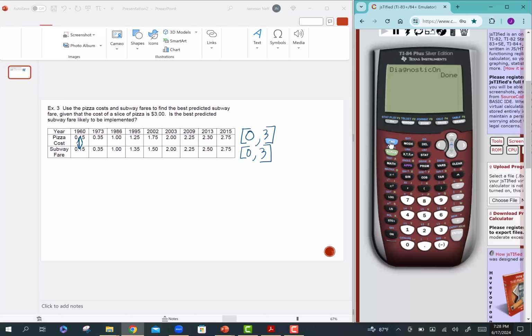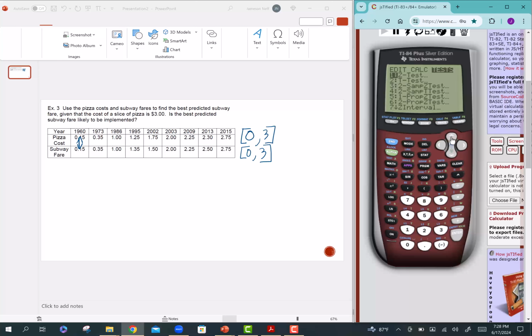So now we're going to do second. Oh, sorry, not second. Just going to do stat. You go to tests. You can scroll all the way down.